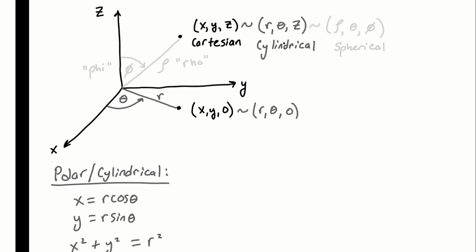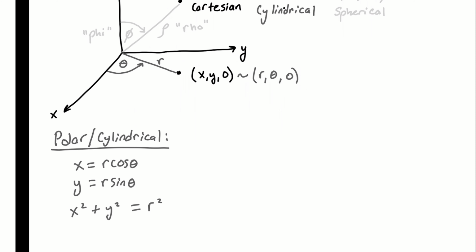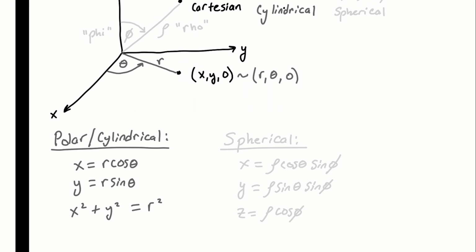Now for spherical coordinates, what do we have? So for spherical, we have x equals rho cosine theta sine phi, y is rho sine theta sine phi, and z is rho cosine phi.